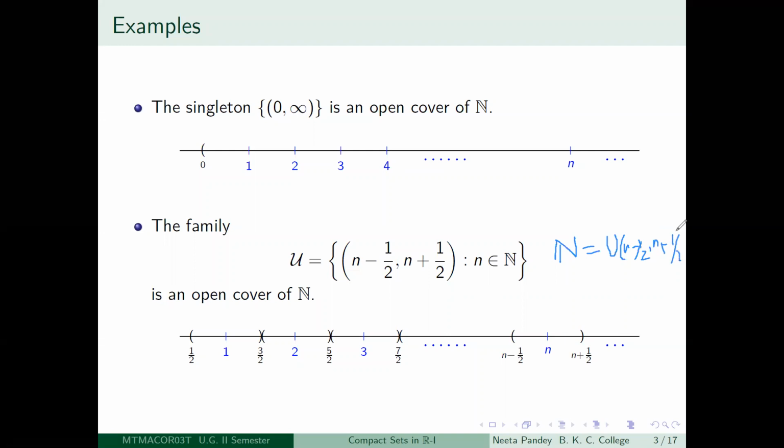So let me try to write it down first. So this is n minus half to n plus half, where n is varying from 1 to infinity. So I think you can guess what I'm trying to say. You look at the open interval half to 3 by 2, union 3 by 2 to 5 by 2, 5 by 2 to 7 by 2, etc. And obviously this is not equal to, it is a subset of, so let me just erase this.